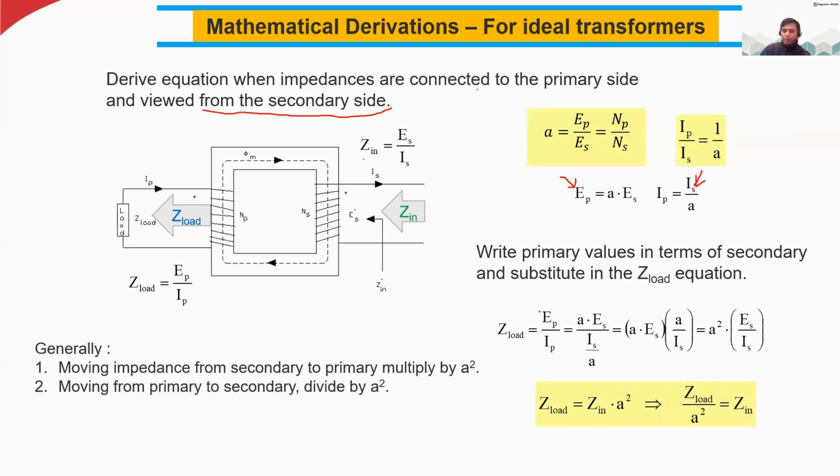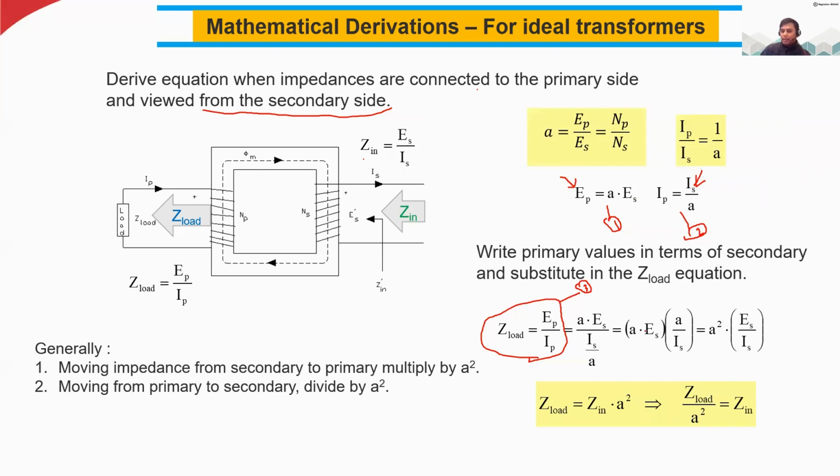Now I am going to replace this. Let us say this is equation 1 and this is equation 2, and this is equation 3. We are going to apply equations 1 and 2 into equation 3. So EP is A times ES, and here we have IS divided by A instead of IP.